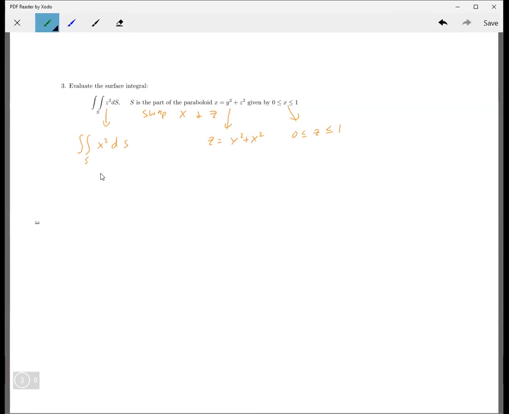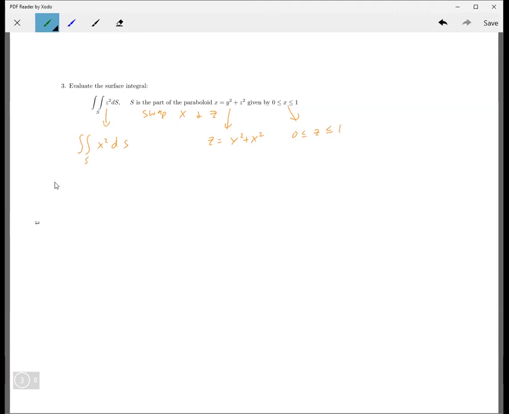Are we going to switch it back at the very end? No, because the end is going to be a number. So when you do these surface integrals, you're going to get numbers as answers, so it doesn't matter.